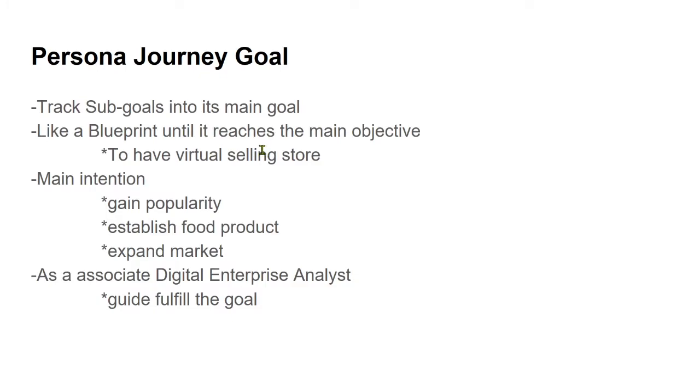So, what is their main objective? The main objective is to have a virtual store selling their own unique variety of food products. As demonstrated on my customer journey map, my intent for choosing the business partner is to gain popularity, establish an authentic food product brand, expand the reach of their market, and solve the inconvenience in delivering the product.